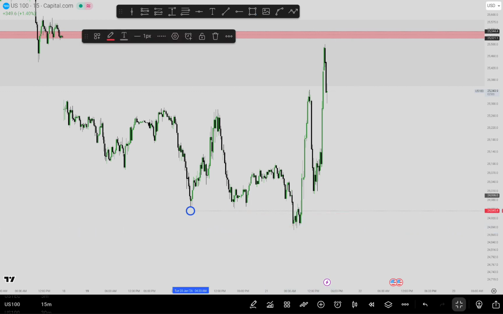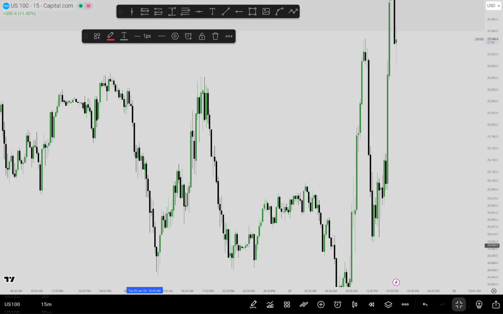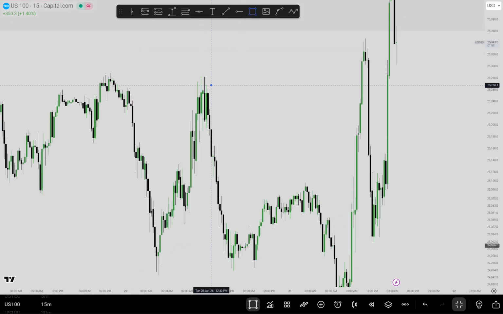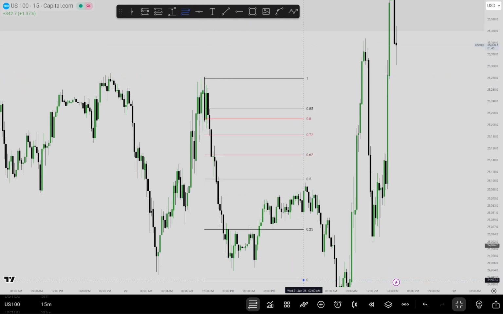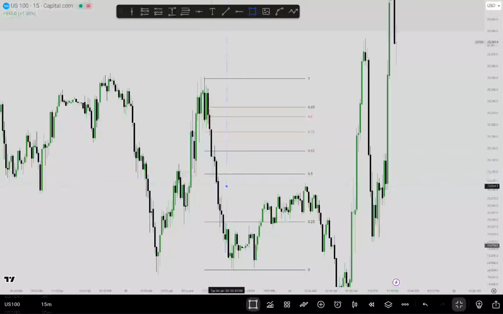So when we had these relatively equal lows, I understand that in targeting them, we've already expanded and displaced down a lot, and there is no need for us to retrace all the way into this 50%, 62%, 72%.